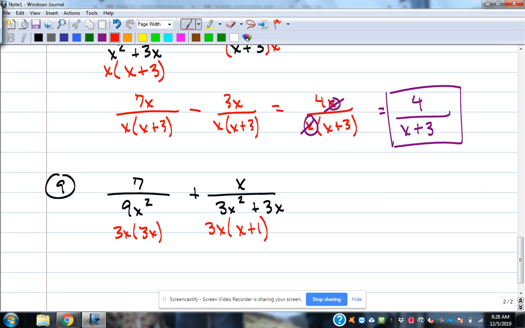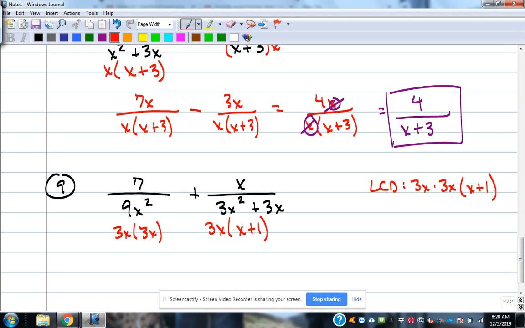So how many 3x's are in common? One of them. But this fraction has how many of them? 2. So to be a common denominator, there's going to have to be 2 of them, right? So I'm going to have 3x, the other 3x, and then the x plus 1.